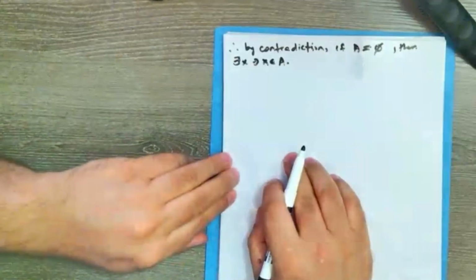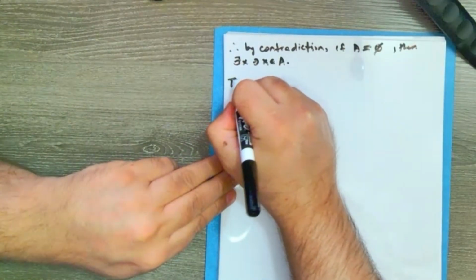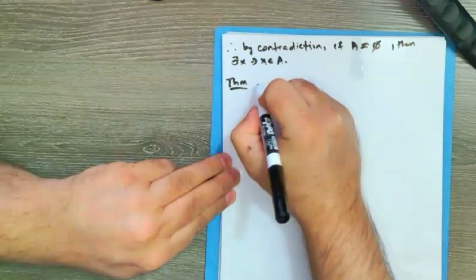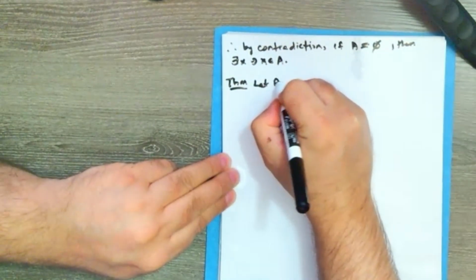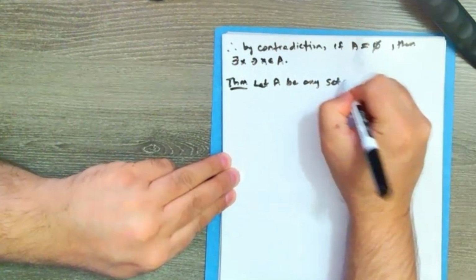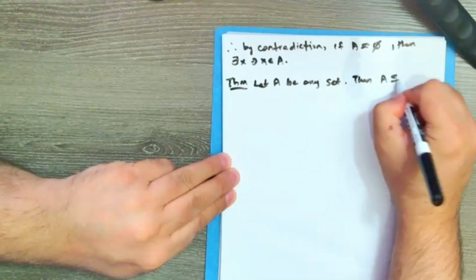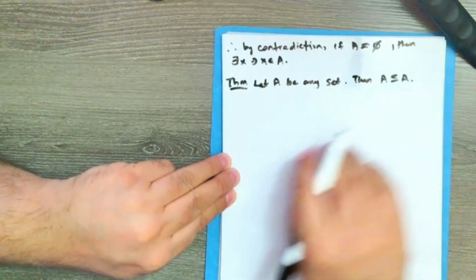Okay, so we'll use this lemma to prove a theorem. So let A be any set, then A is a subset of itself.